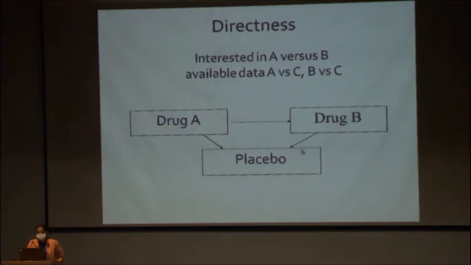And now there are things called network meta-analyses that help us out with this, but this is a form of indirectness as well. So any difference in population, intervention, comparison, outcome, or a difference in the actual comparison, that's what we're referring to when we're talking about indirectness.